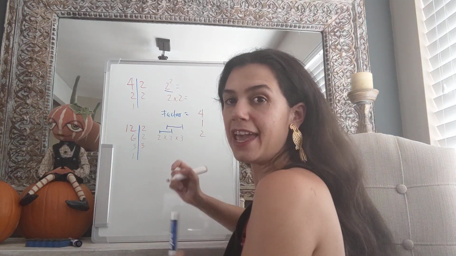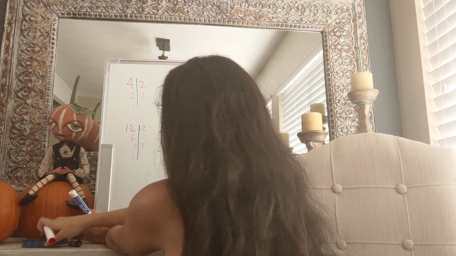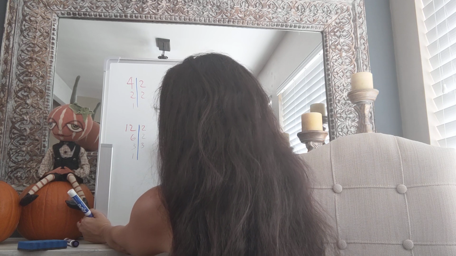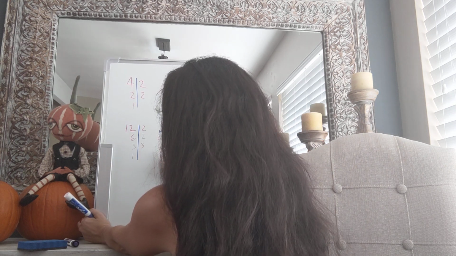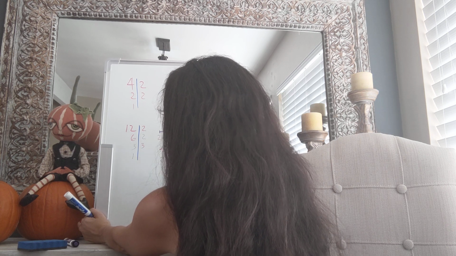So then I can say that 12 is 2 times 2, which is 4, times 3, that's one configuration. The other configuration is 2 times 6, 2 and 3.